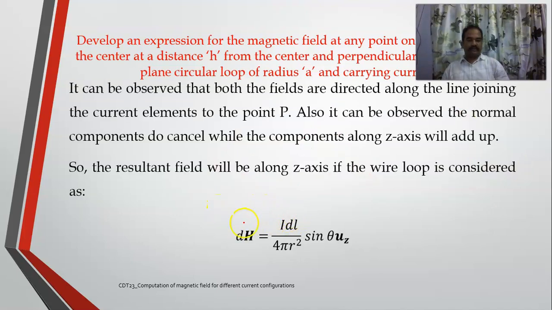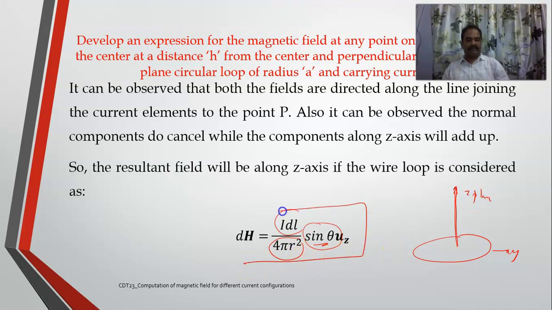This was actually the earlier slide where we have been considering only the sine theta component. So that's why Idl sine theta by 4 pi r square, and you can see that if I consider that this is in the xy plane, all the vertical components only I am considering, and they will be in the direction of z, right? So that's why this has been modified into this fashion.